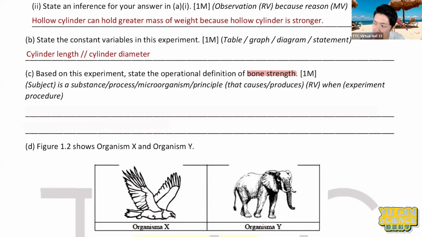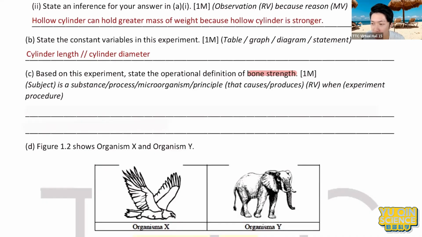I think sentence structure wise or grammar wise it's a bit weird if you do it like that. Maybe you need to rearrange according to this sequence, then it will be better. Better follow the formatting, then it sounds better. So it's a condition that causes. Jinwei, too general. You need to be specific on either hollow or compact.